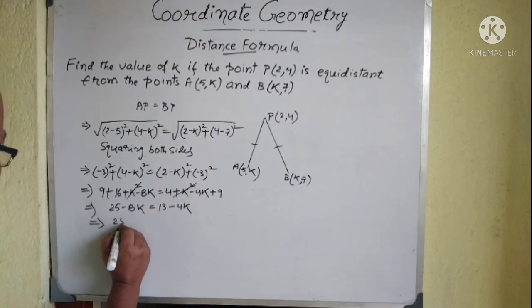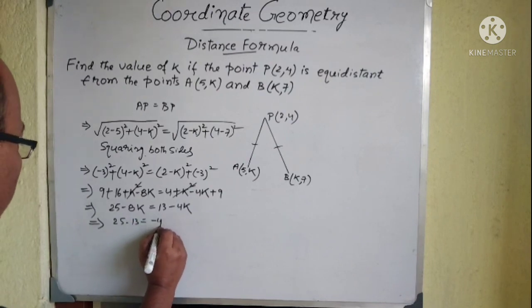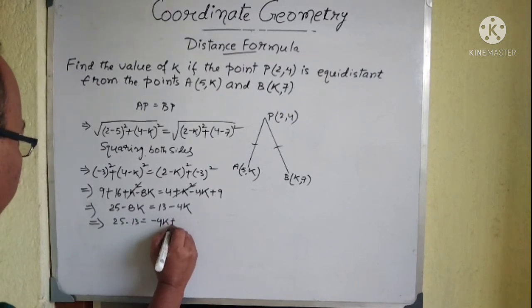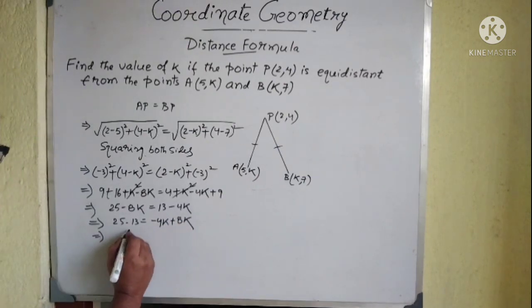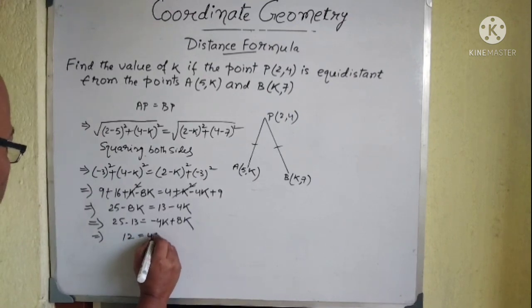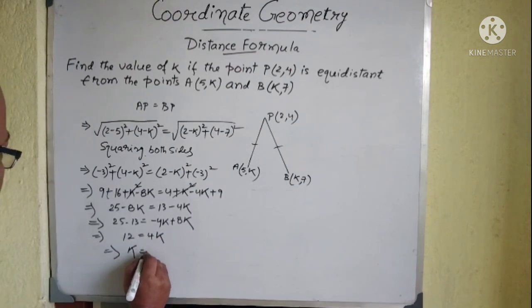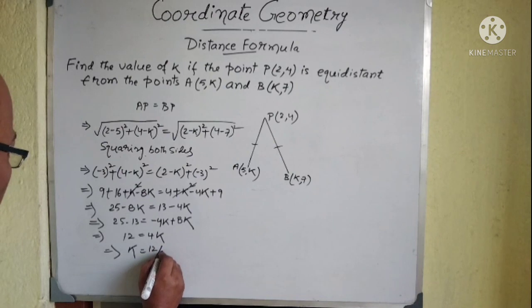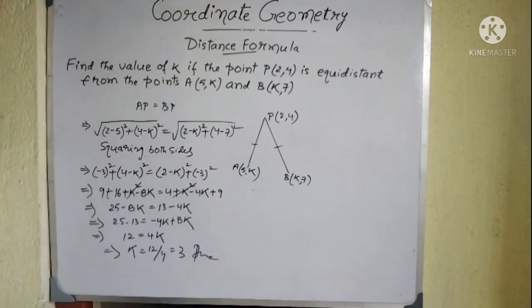Now 25 minus 13 is equal to minus 4k plus 8k. So it will become 12 is equal to 4k. So how much? k will be 12 by 4, which is equal to 3. So 3 is your answer. So 3 is the value of k.